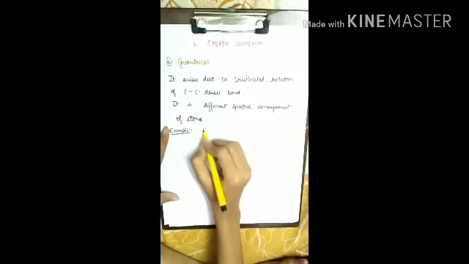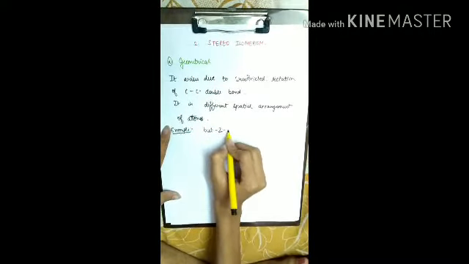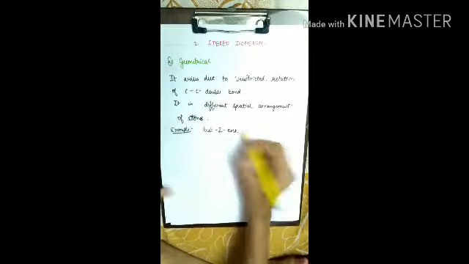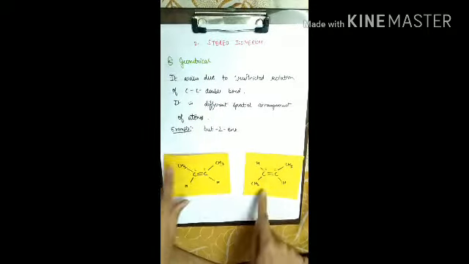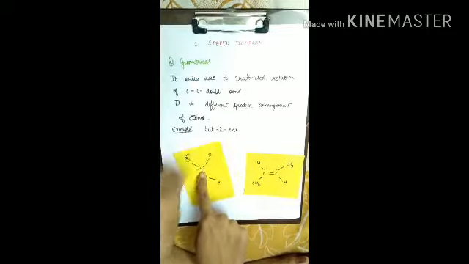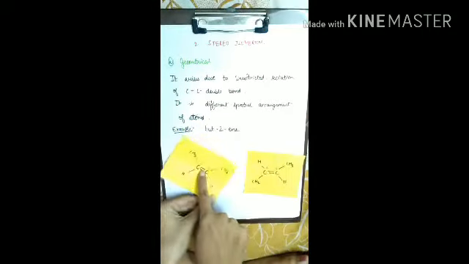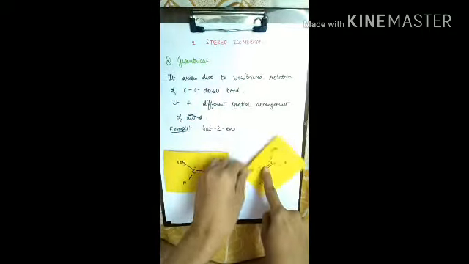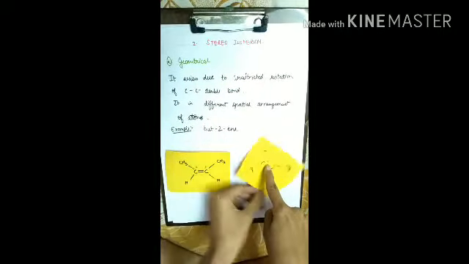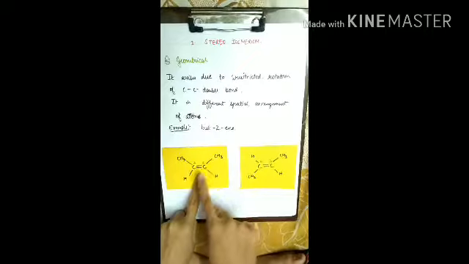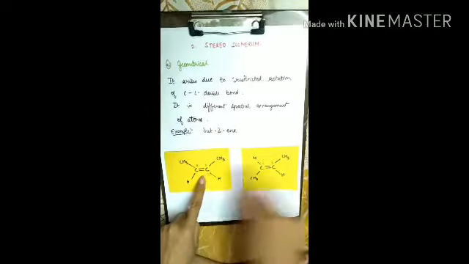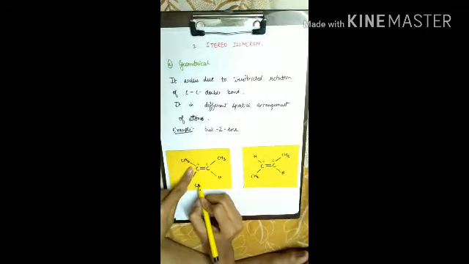Okay, let us take an example of but-2-ene, in which there is a double bond between the second and the third carbon atom, due to which there is a restricted rotation around the double bond like this. Thus, we obtain two different types of spatial arrangements. When the identical groups are present on the same side of the double bond, it is known as cis isomer.